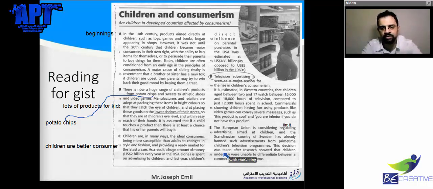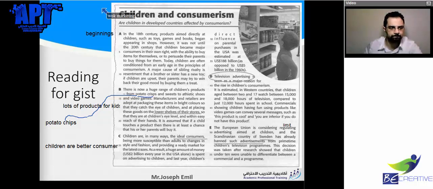I'm talking about Sweden, Denmark, Norway and Finland. Sweden now has already banned such advertisements from primetime children's television programs. So Sweden has banned something. So we're talking about limiting here.